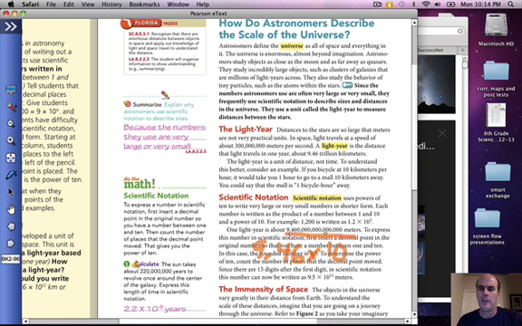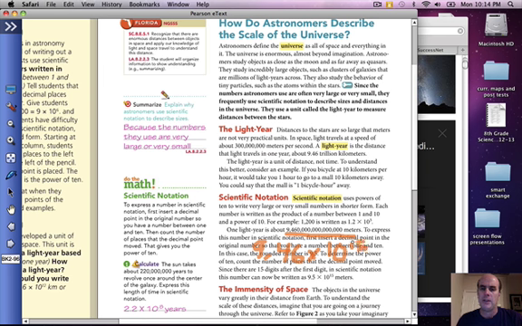Go ahead and count them right now. So we start right here. We can really do it by threes, can't we? We can go 3, 6, 9, 12, 15. So that written in scientific notation would be 9.46 times 10 to the 15th.